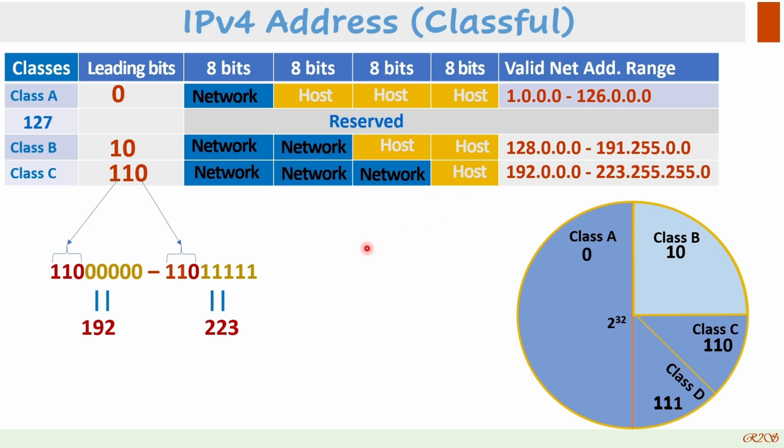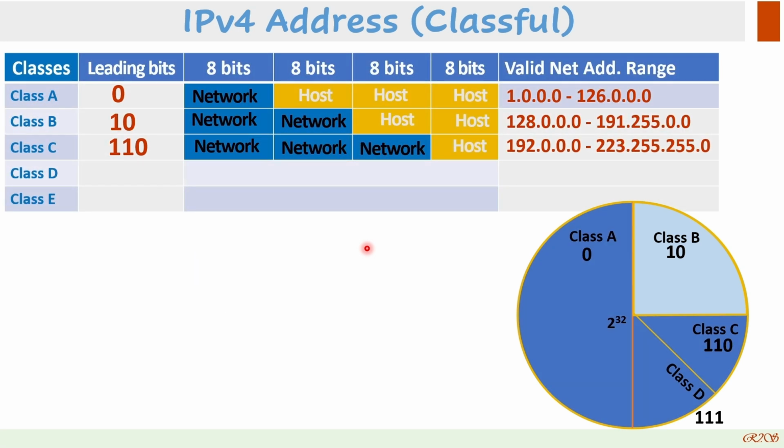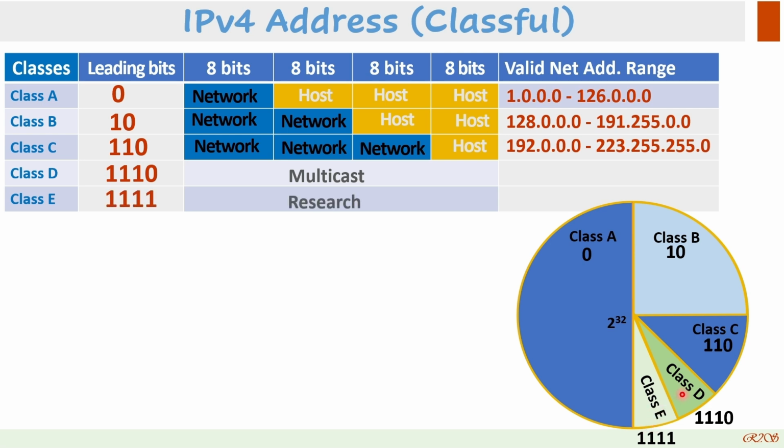2 to the power 8. So we will see later. I will give you another summary later when we understand all the classes. Okay. So now they again divided the remaining class into 2 parts, class D and class E, and they added 0 and 1 to separate them.